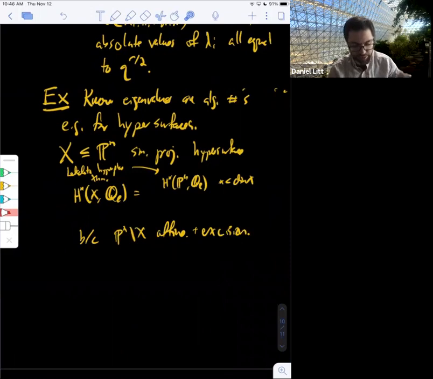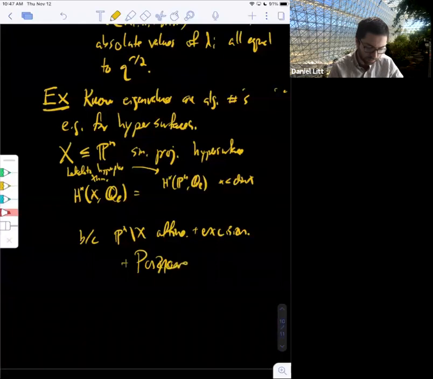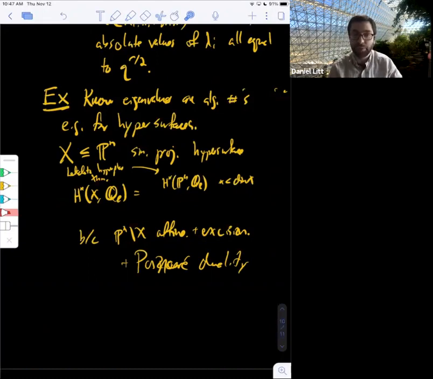Really you need excision and Poincare duality here. I'll sketch this next time, but what you really get when you apply excision is that the cohomology of X is the same as the cohomology of Pn with a twist in high degree. And then Poincare duality gives it to you in low degree without the twist.